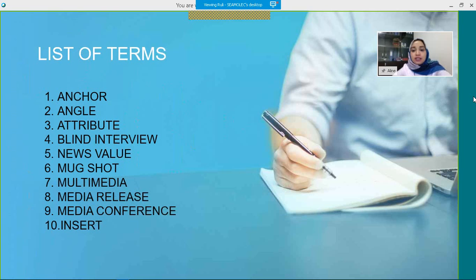And then the next one is news value. This is the quality or the criteria that journalists use to evaluate whether an event, development, or opinion is worthy of preparing and presenting as news. The criteria include whether it is new, unusual, interesting or significant, and whether it is about people.